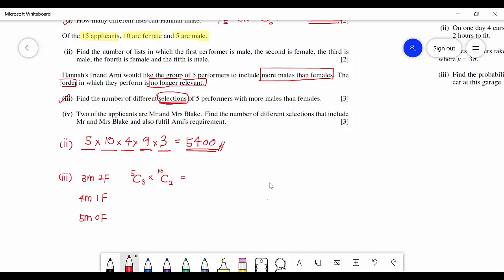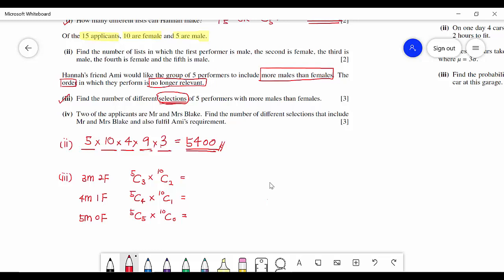I don't know what the answer is, you can calculate it by yourself. And then 4 males and 1 female will be 5C4 multiplied with 10C1. After that, 5C5 multiplied with 10C0. That means you want to choose all 5 males, and out of the 10 females, you want to choose 0 of them.